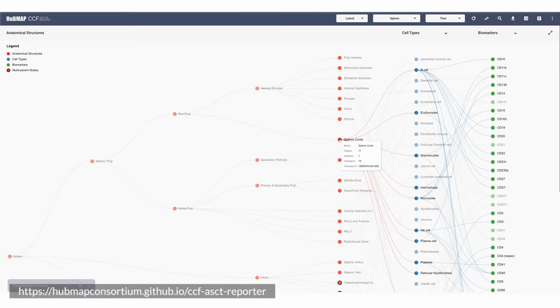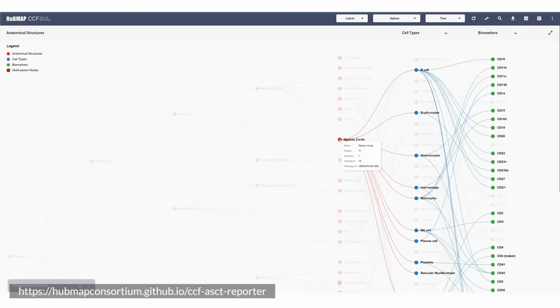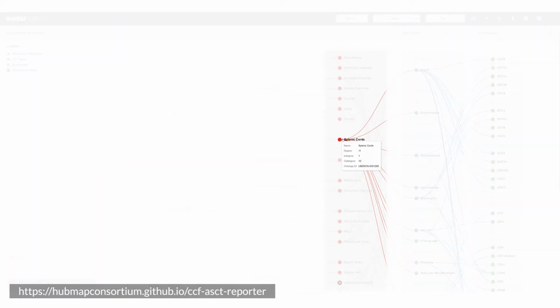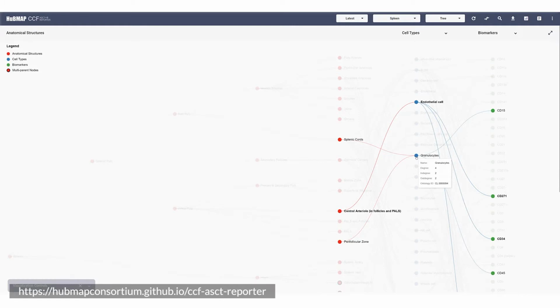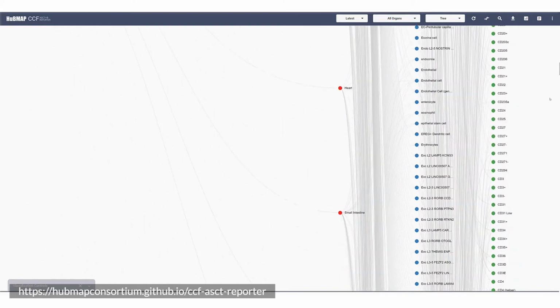Using that visualization, you can interactively explore not only the anatomical structures hierarchy, but you can also select, for instance, an anatomical structure and see what cell types are associated with that structure. You can also select a cell type to see what biomarkers are typically used to identify that cell type. In addition, you can use the ASCT plus B reporter to see which anatomical structures have that particular cell type.